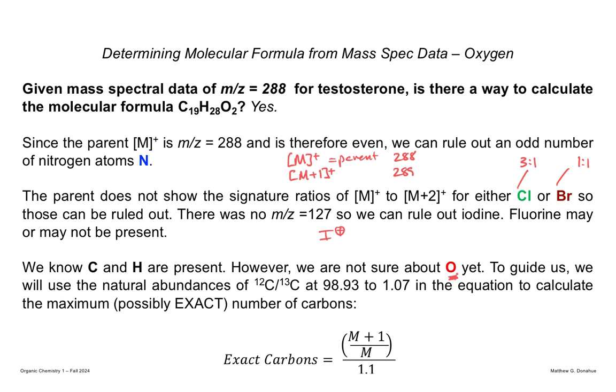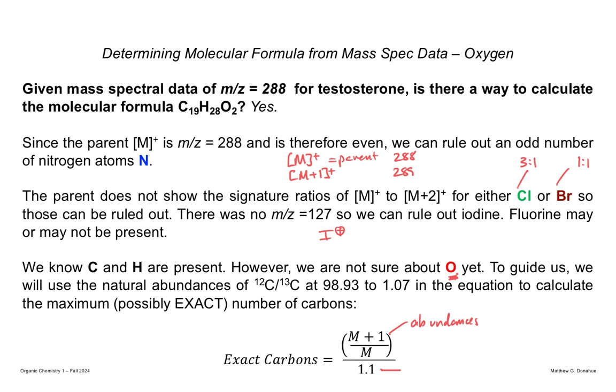So what does this mean? The M plus 1 and M are not the masses. They're the ratios, the numbers you get from the y-axis. So those will either be given to you, or you have to draw a line over and approximate what it is.